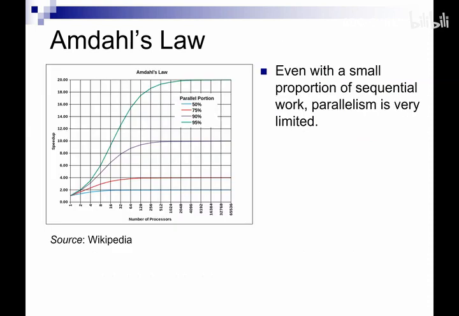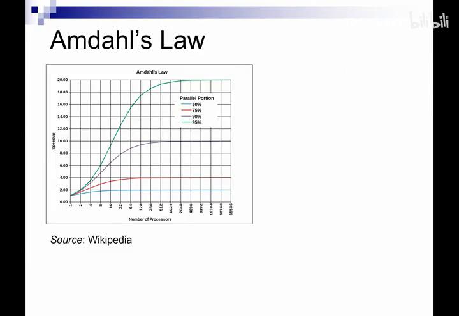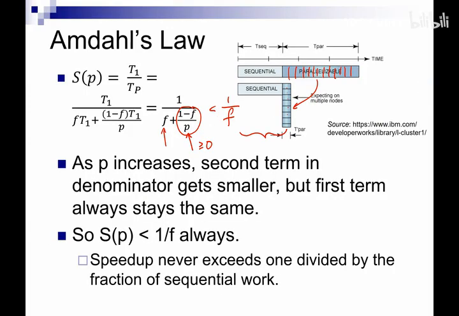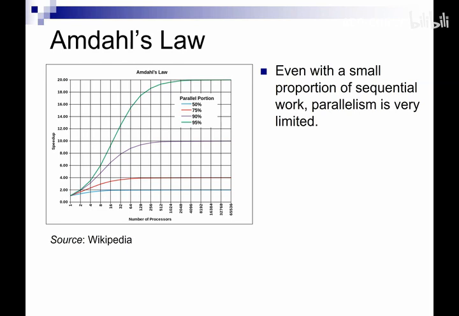Now let's take this expression from Amdahl's law for the speed up, and look at what happens when we use some actual numbers for f. This expression is in terms of the sequential fraction f, so let's try some actual values and see how much speed up we get.